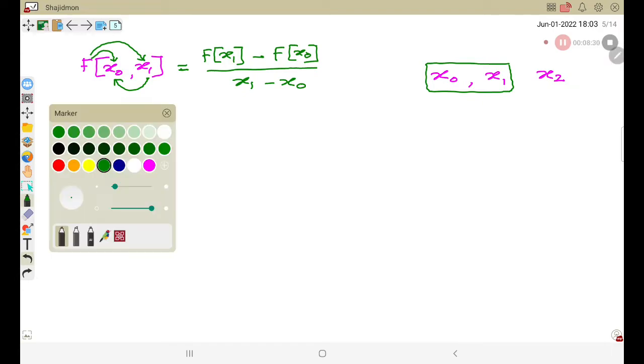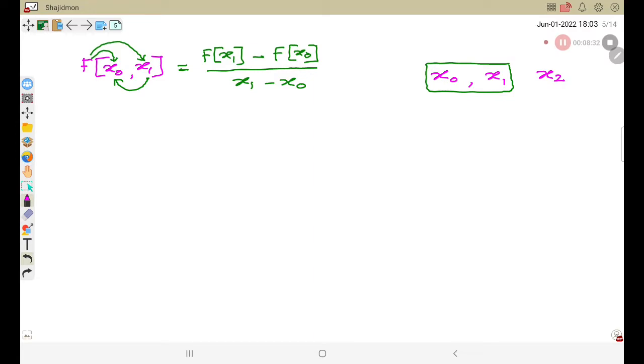Now after that, out of these three numbers, x0 comma x1 comma x2, we choose the last two numbers, x1 and x2. So how do we represent it? f of x1 comma x2.